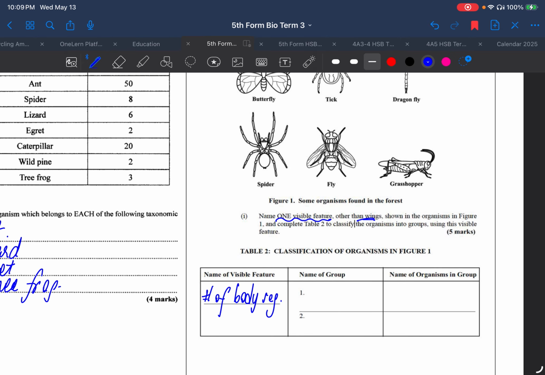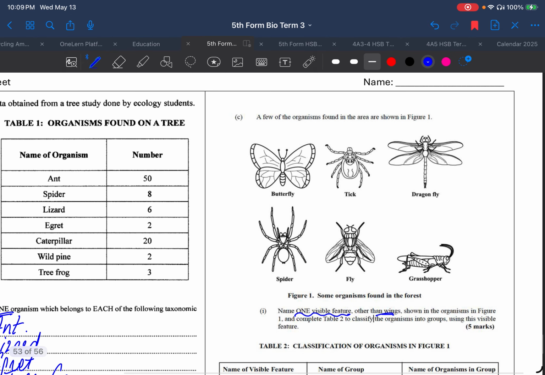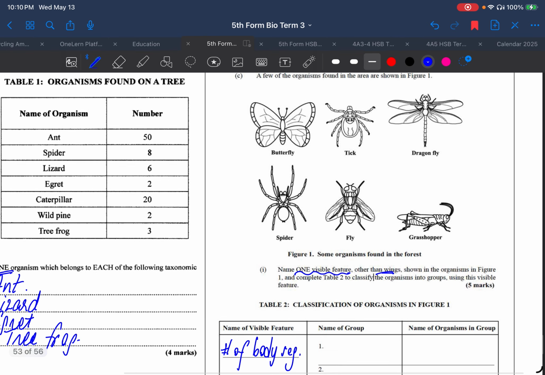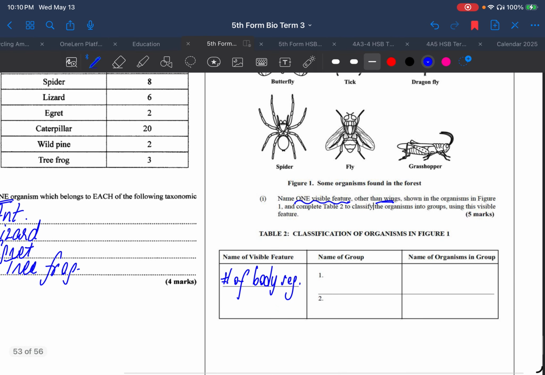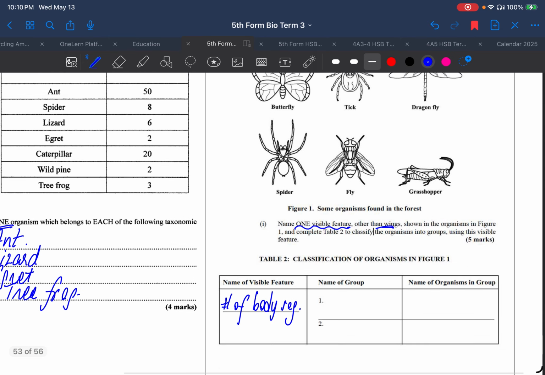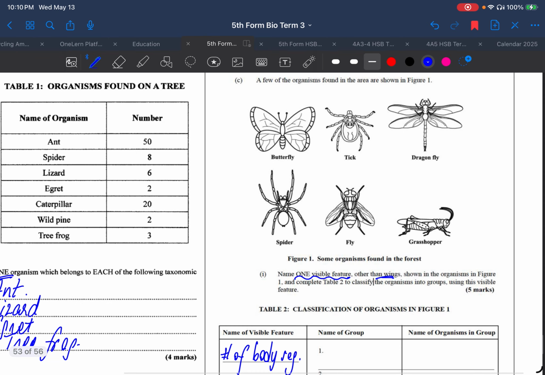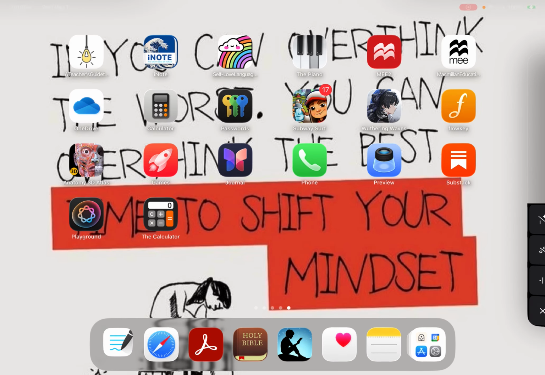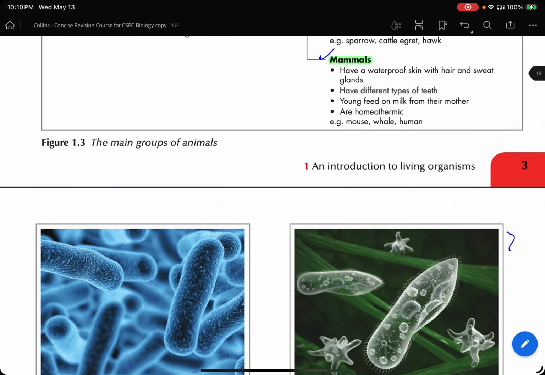Or maybe you could have even used the number of legs as well. Right? So the name of the group, if we look at those that contain 3 body segments, 1, 2, 3, 4. I'm gonna quickly go back here.